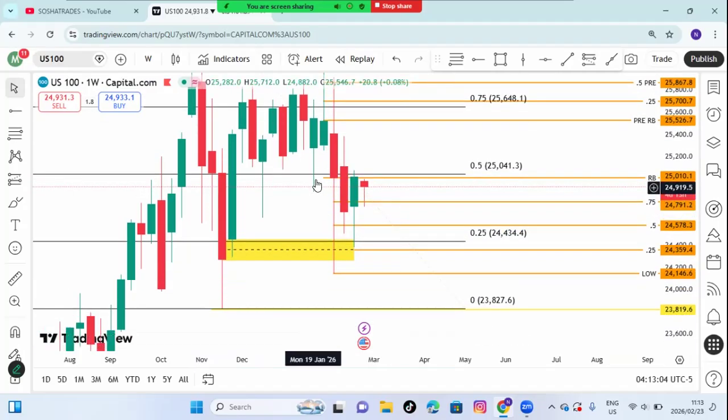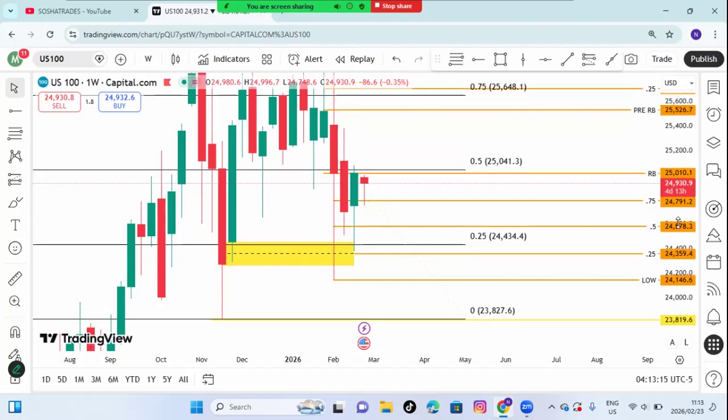Also, you can see that the market here went low, closed there, and the next candlestick went lower and closed below 0.5 here, 50% of this week. It can close below this level here, that's 50%.